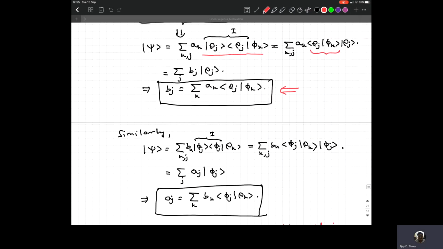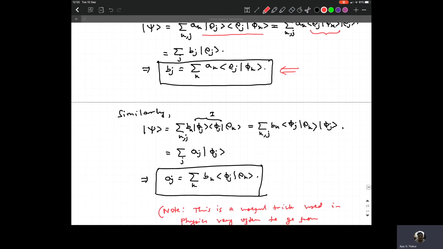And the converse relationship is also possible. In that case, to start with, we expand psi in terms of the rho k basis set and then introduce the complete set of states, which is the sum over j of |phi j><phi j|. The inner product of phi j with rho k appears in the expression on a little rearrangement, and therefore we have this written in terms of aj phi j summed over all j.